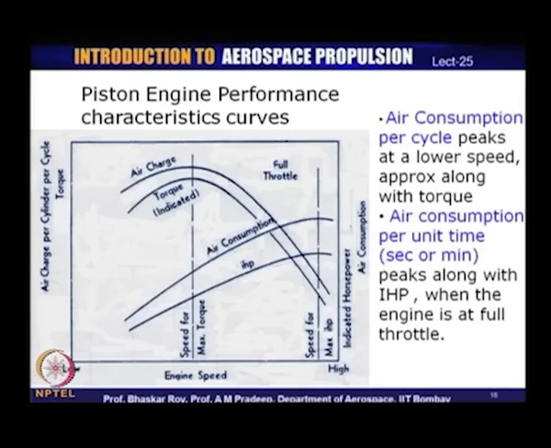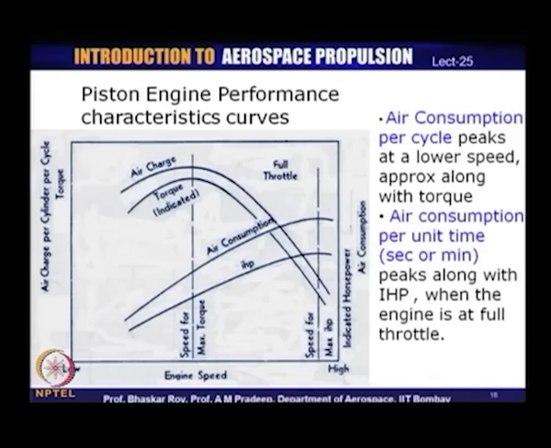On the other hand, the air consumption per cycle reaches a peak somewhere over here and goes down, whereas the air consumption per unit time, per second or minute, actually continues to go up and reaches a peak at a very high speed.